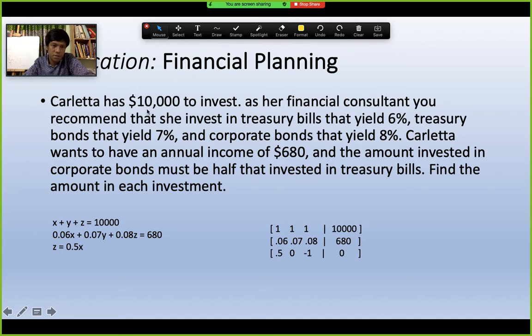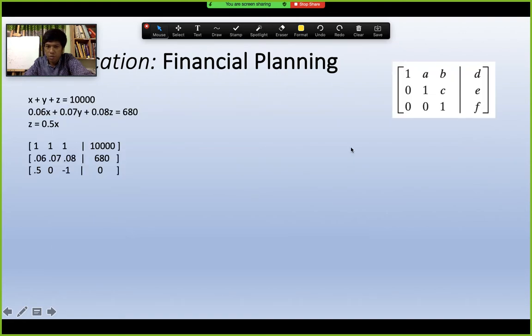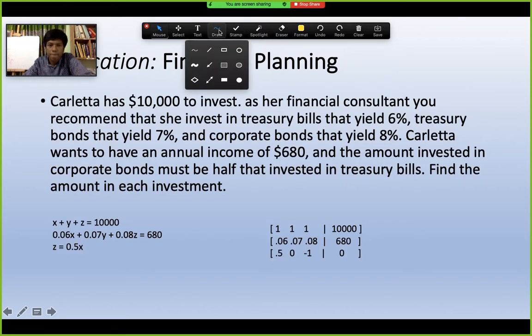Kaleta has this dollar to invest, and as her financial consultant, you recommend that she invest in treasury bills that yield 6%, treasury bonds 7%, and corporate bonds 8%. Kaleta wants to have an annual income of this dollar, and the amount invested in corporate bonds must be... So here the condition is different.